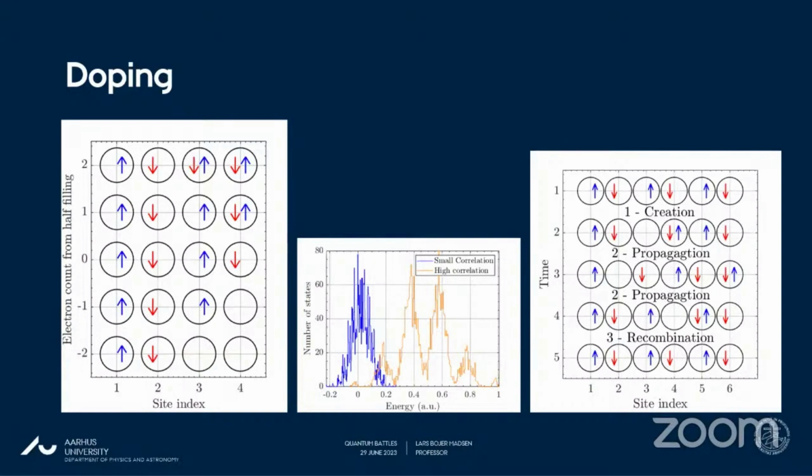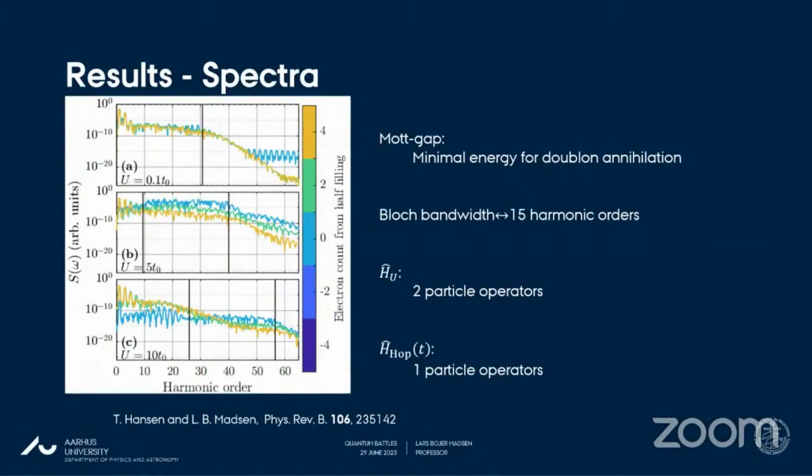In that case, you can have one more or one less, right? So that's what we wanted to do. I may come back to this later. And then we ask again, how can high order harmonic generation be used to tell us something about the level of doping? How does the dynamics in the system depend on how we dope the system?